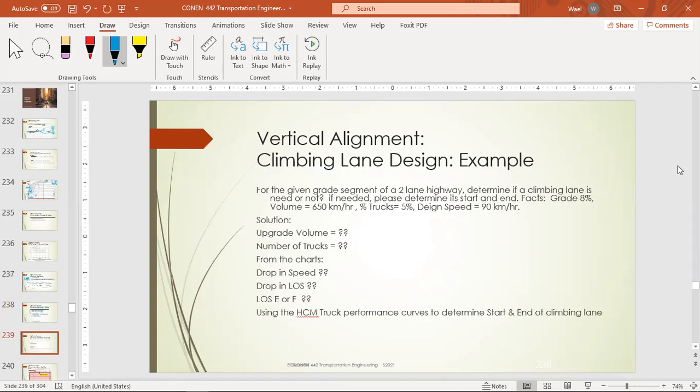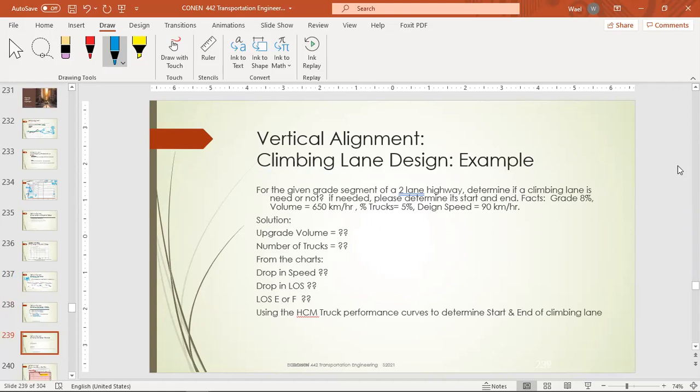Clear? Okay, so for the given grade segment of a two-lane highway, determine if a climbing lane is needed or not. If needed, please determine its start and end points. The given data: we have a grade of 8%, and the volume is 650. Truck percentage.